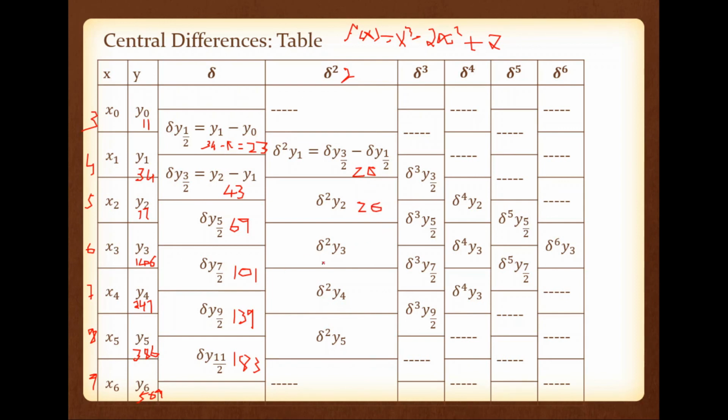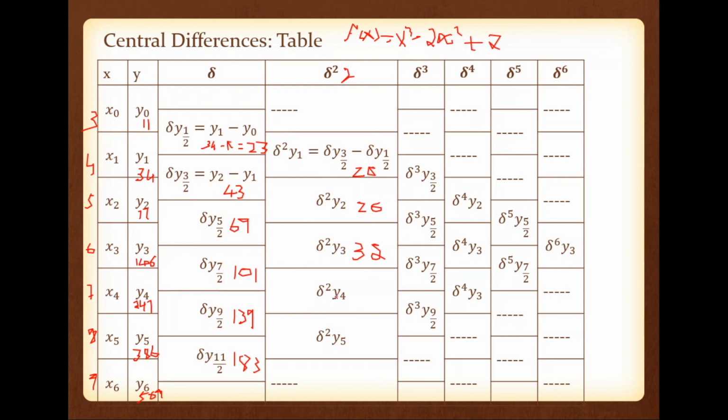Now what is delta square y3? Delta square y3 is the central difference of delta y 7 by 2 and delta y 5 by 2. So that is 101 minus 69. So that value is 32. Okay.